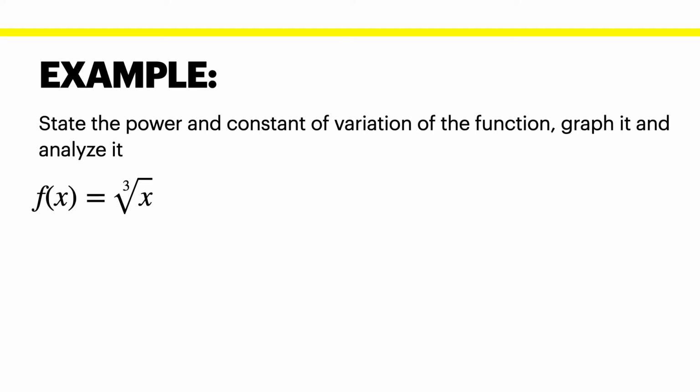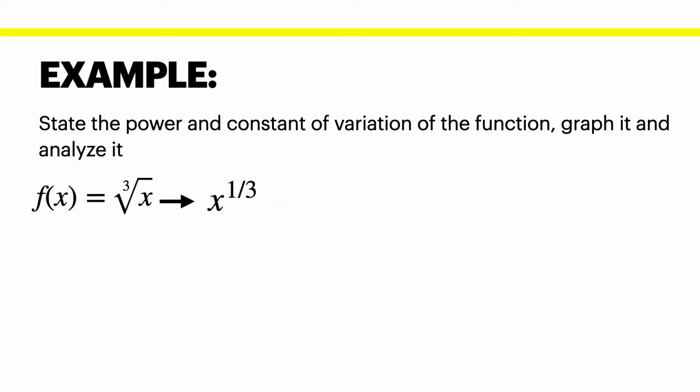If we look at this, it's a radical, with a power of 3 in that case, or it's a 1/3 power of x. Rewriting the equation in a different notation, this is the same as x raised to 1 over 3.